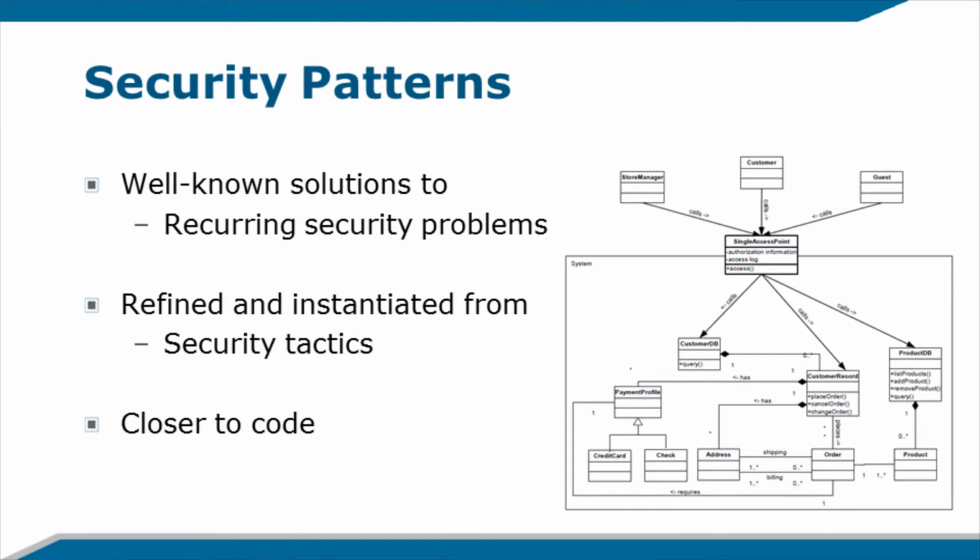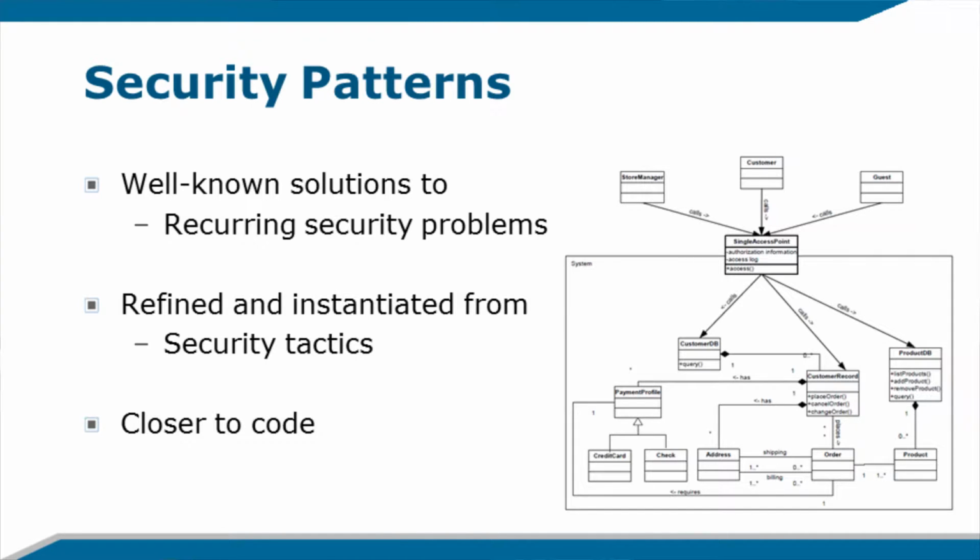So there are lots of pattern catalogs out there. There are many, many books. The Patterns of Software Architecture series alone has 6 volumes. There are websites full of patterns. And here we're going to focus in on security patterns, which are well-known solutions to recurring security problems. So we're just going to zoom in on that part of the patterns corpus.